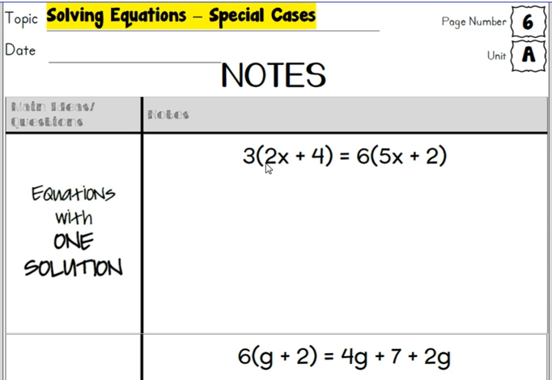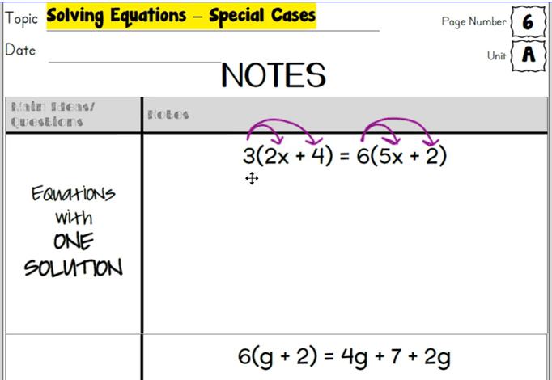So if we have 3 times the quantity 2x plus 4 is equal to 6 times the quantity 5x plus 2, then we know that we need to distribute our 3 to both of the terms in the parentheses. And also we're going to have to distribute on the other side of the equation as well. So the 6 will go to the 5x and also to the 2.